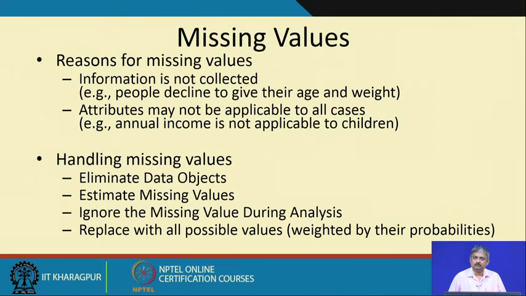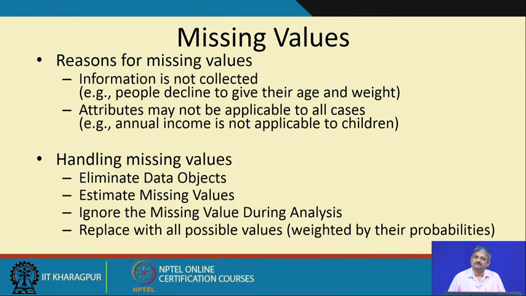Another common problem is that of missing values. Either some information is not collected, maybe it is not available, or intentionally some values are not given. For example, people have declined to give their age and weight.